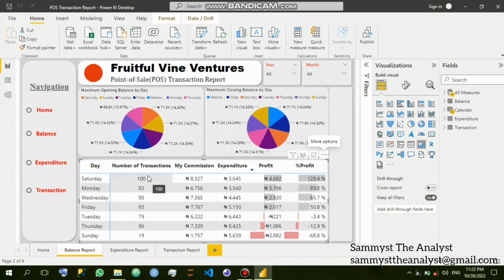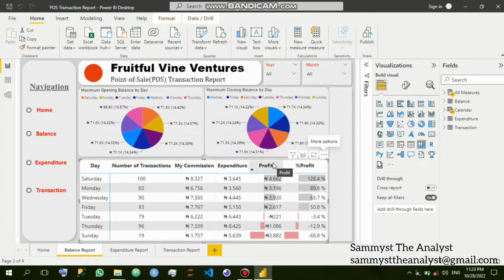So within the time frame in which this data was recorded, Saturdays, which are weekends, record the highest number of transactions, followed by Thursday. Now the commission that was gotten, Saturday also has the highest. And then when you look at the expenditure, Thursday has the highest with over 8,000 naira incurred on Thursdays.